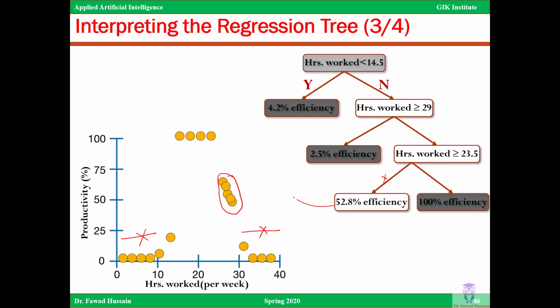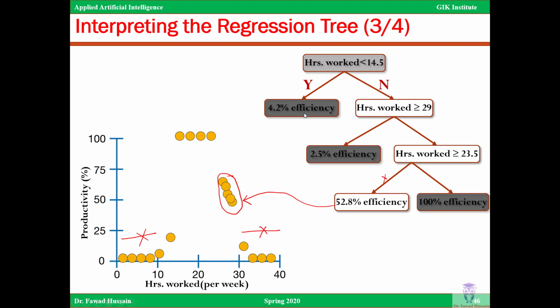So this corresponds to this region, because already we said that it's not in this part. So it's not in this part, because if it were in this part, we would have gone with the yes, and it would have been 4.2% efficiency. So we took no greater than.